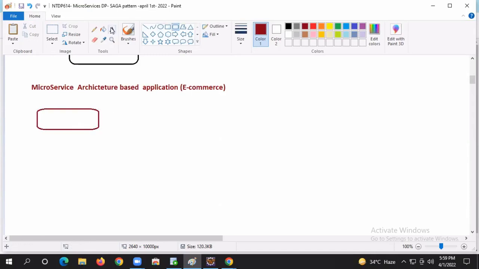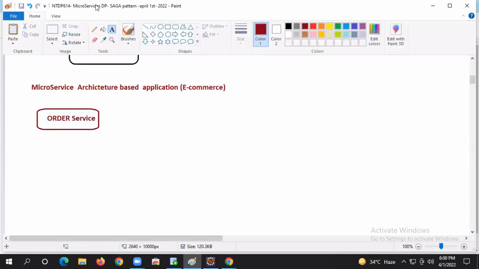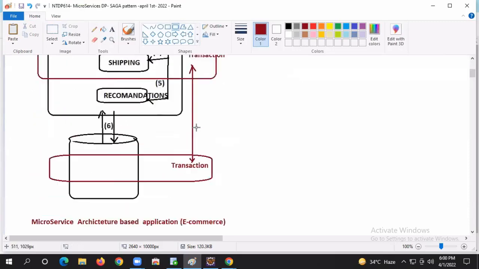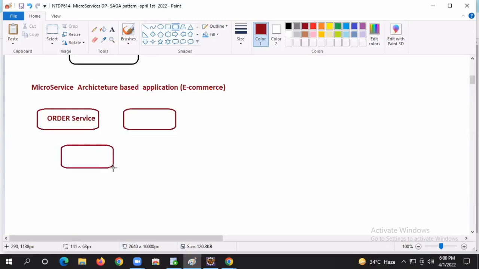This is the order service, guys. According to yesterday's class, this is the payment service, this is the inventory service, this is the shipping service.